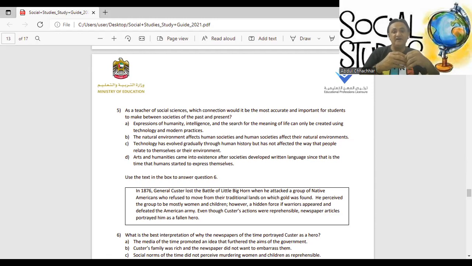Suppose they ask you about a location or something which happened in a certain civilization or country, and they ask about the distance and the flow of the river from one place to another. Definitely you will understand they are talking about geography. So I hope you understood.